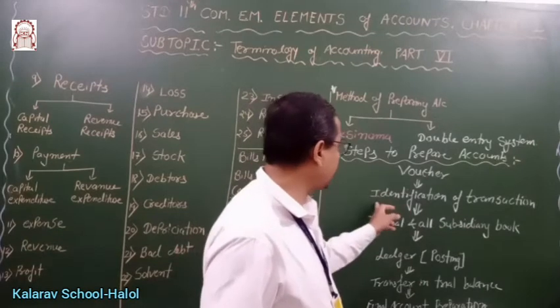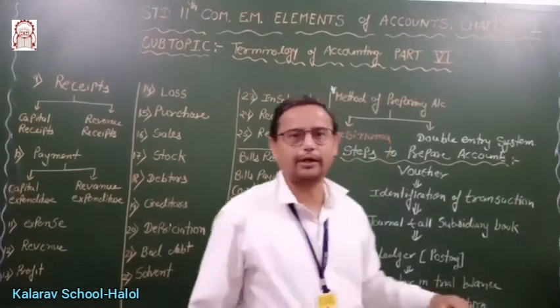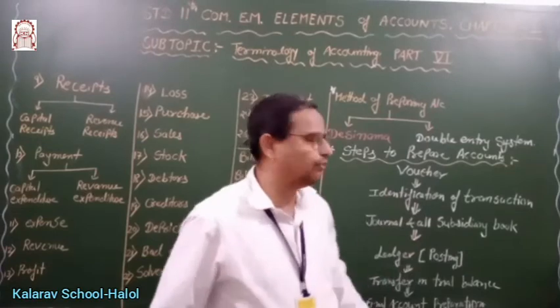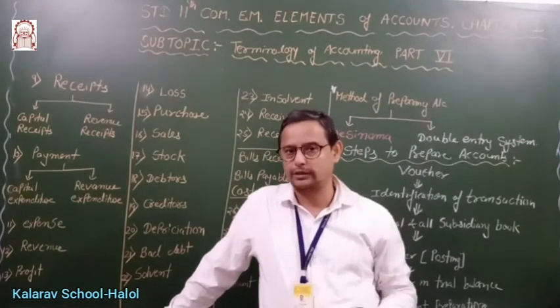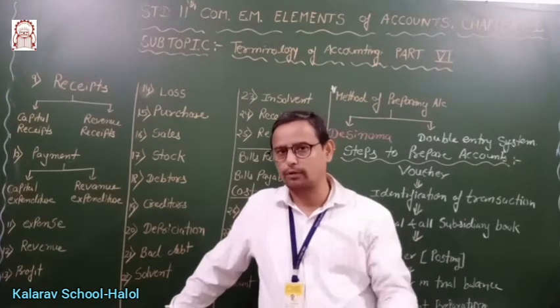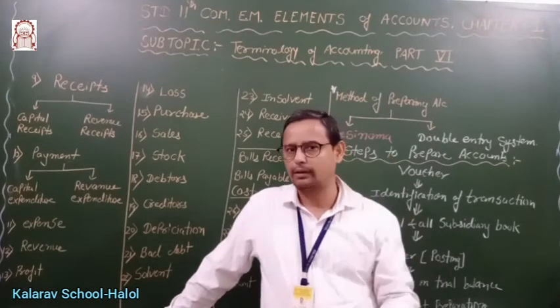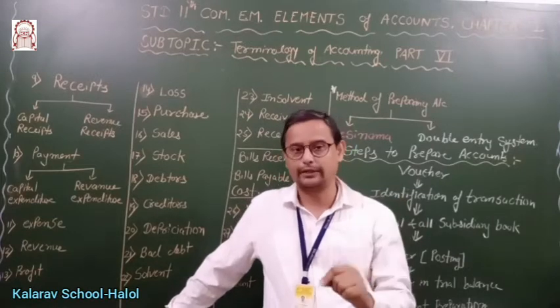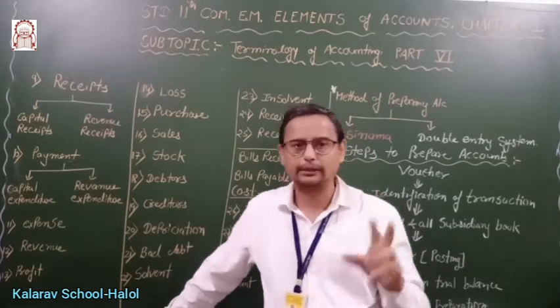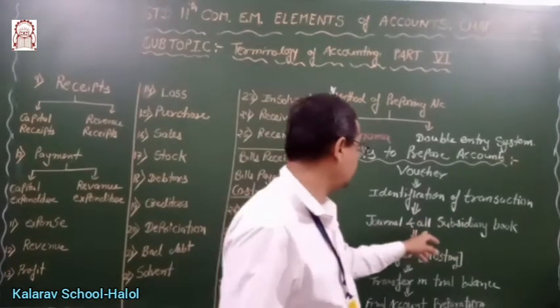And as soon as you identify the transaction, immediately you open one rough book, because so many transactions take place in a day. So it is not possible that each and everything will come to mind. So immediately we write that transaction in one book, and that book is known as the journal.